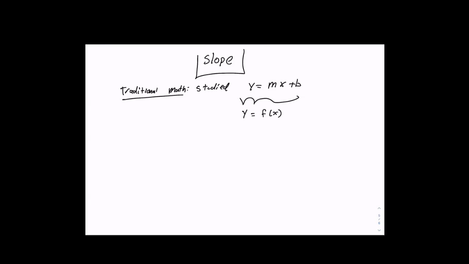Once again, why the letters x and y were chosen is not because it has to be x, it has to be y. That is not true. It's just y, and y is a function of x.